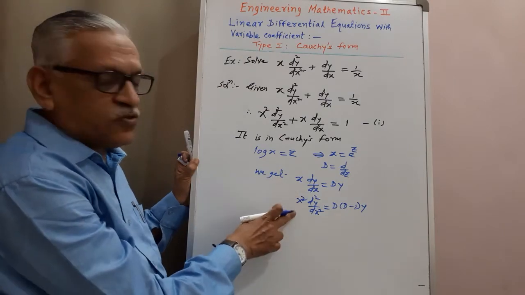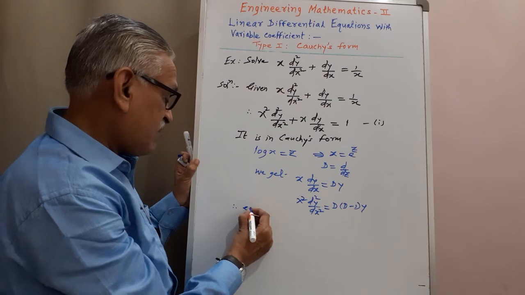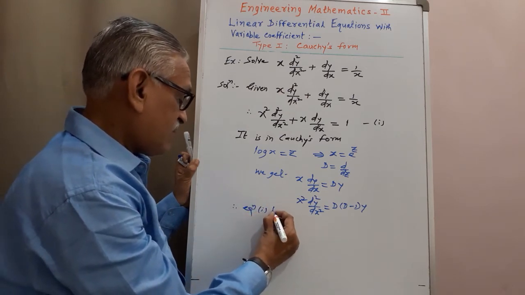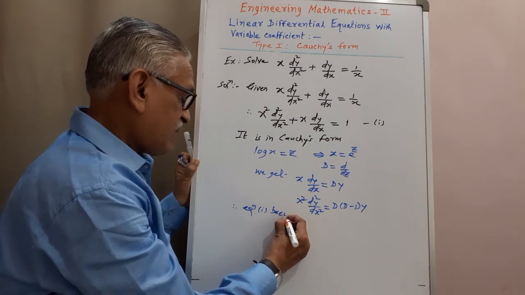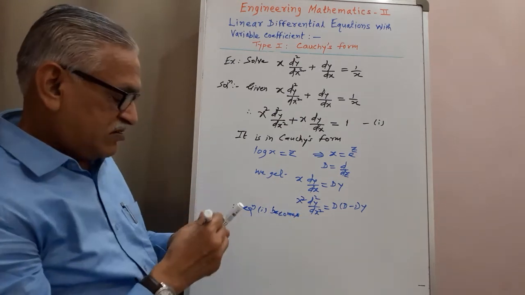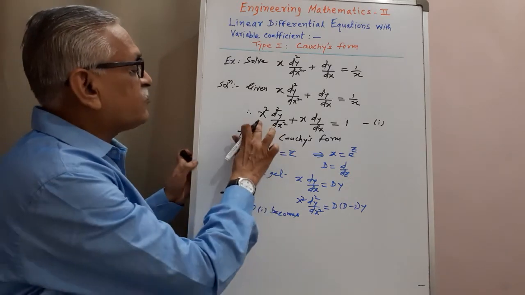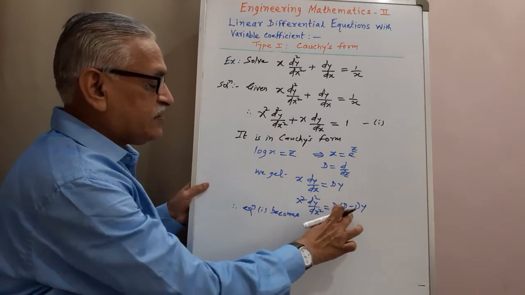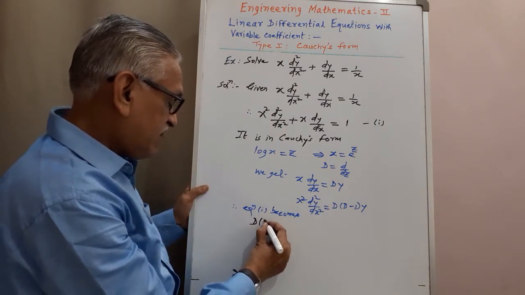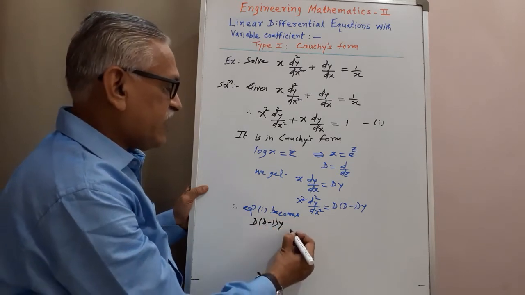Therefore, using this in equation 1, x square d2y by dx square we replace by D minus 1 into y, plus x dy by dx.